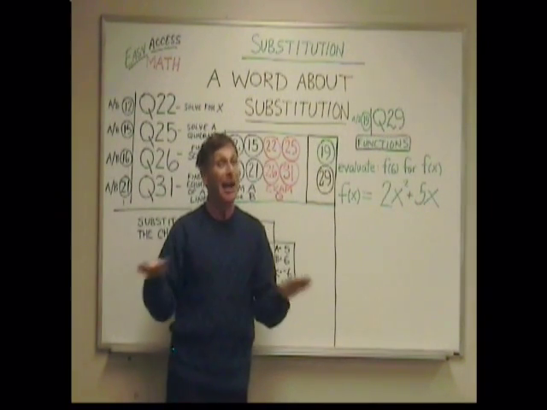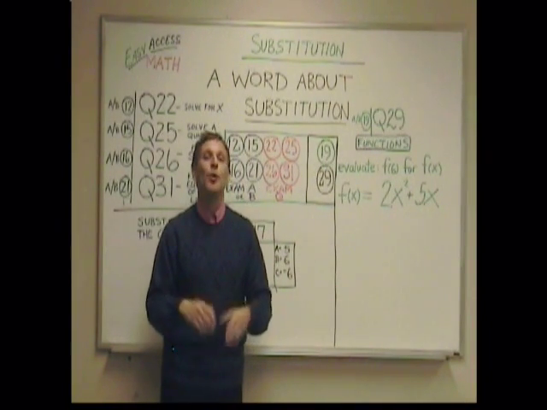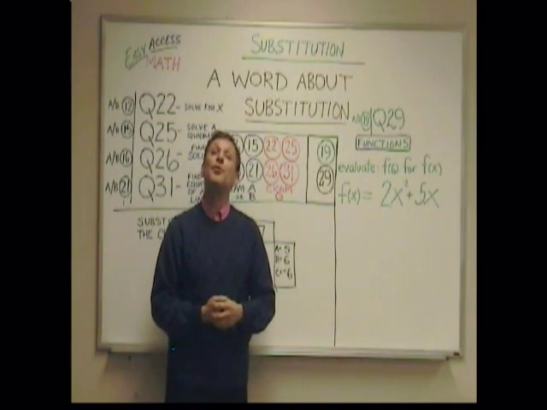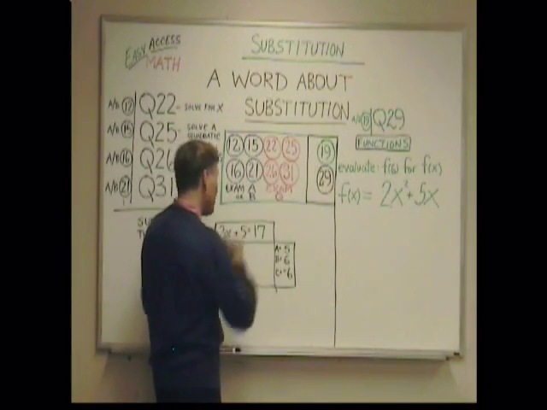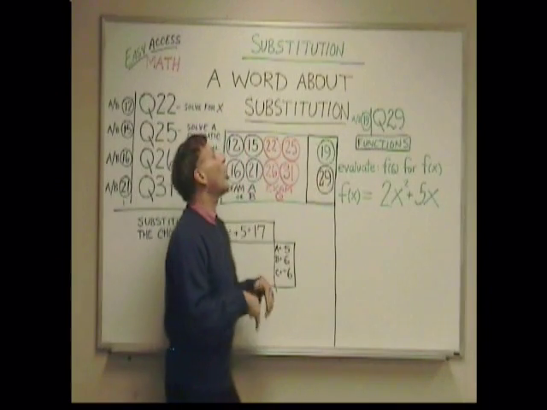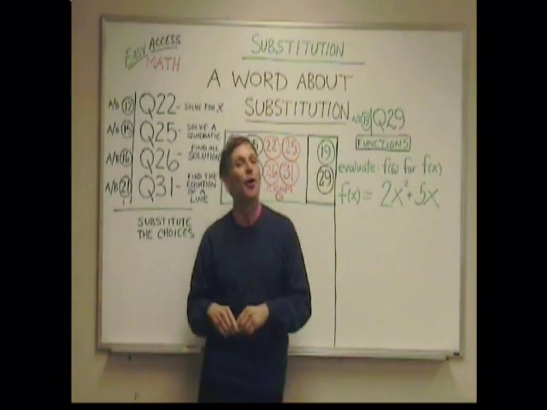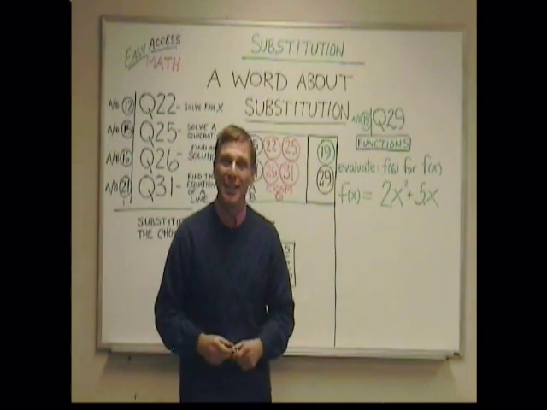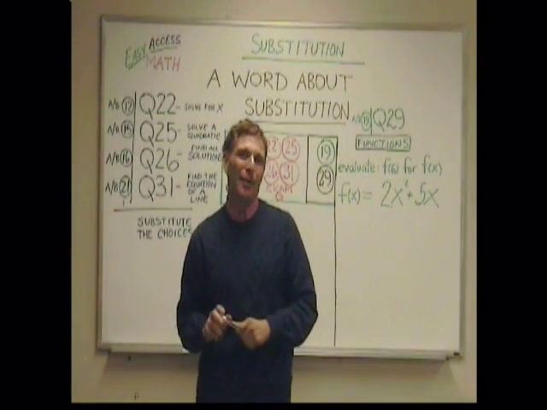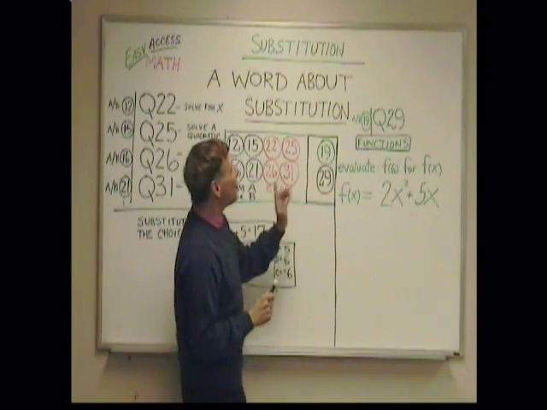Here you are not substituting your choices. Your choices would be what you get when you substitute what the problem gives you. So I'd like to do this function problem with you now. When you have a function question, you use substitution here, but not substituting the choices, you're substituting what the function gives you.